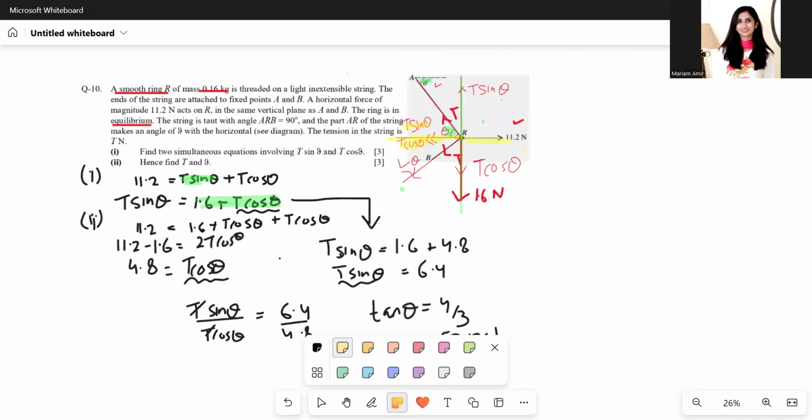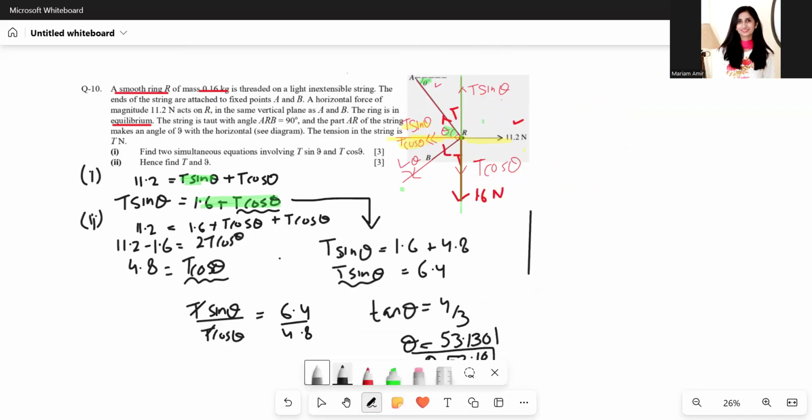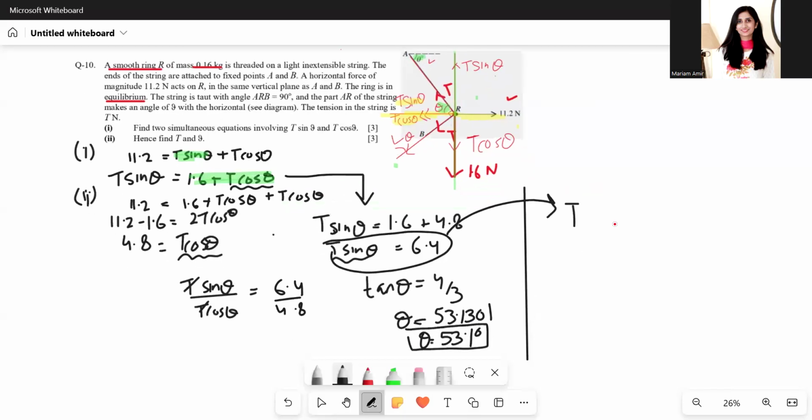Then we have to find the value of T, so we could use any of the equations that we found already. Let's use this. So we have T times sin 53.1301 equals 6.4.